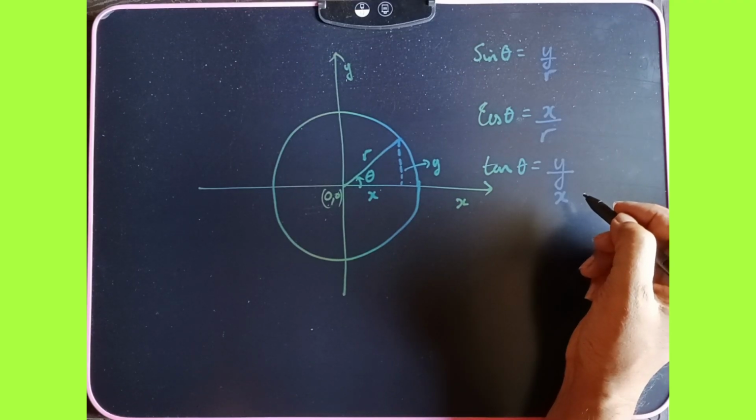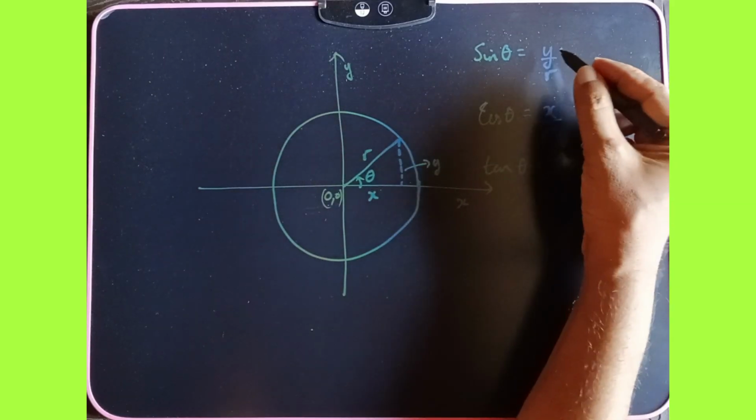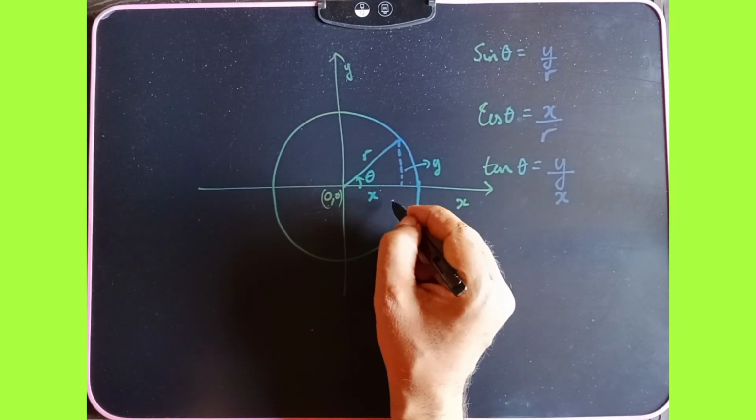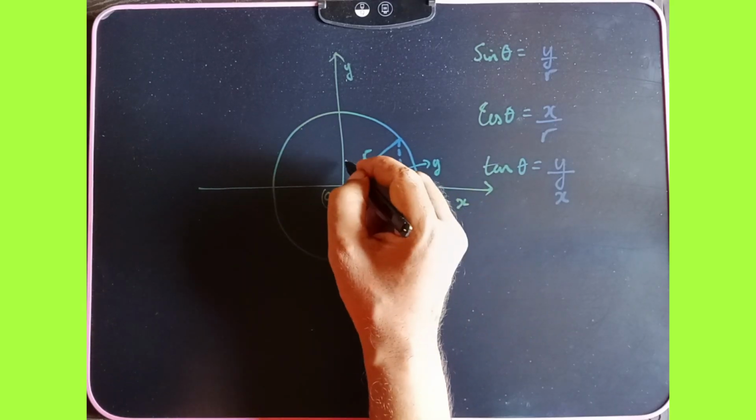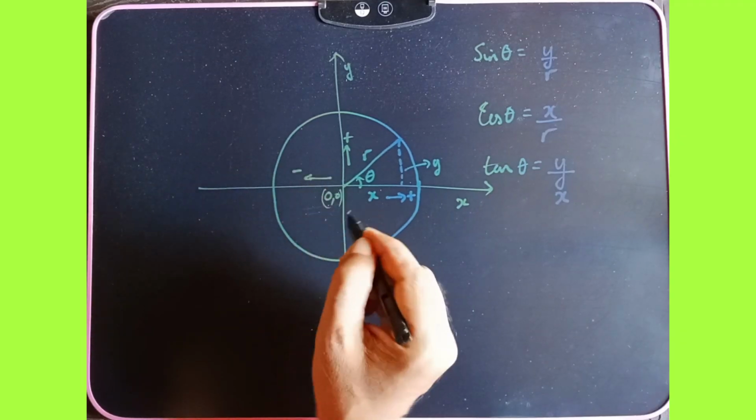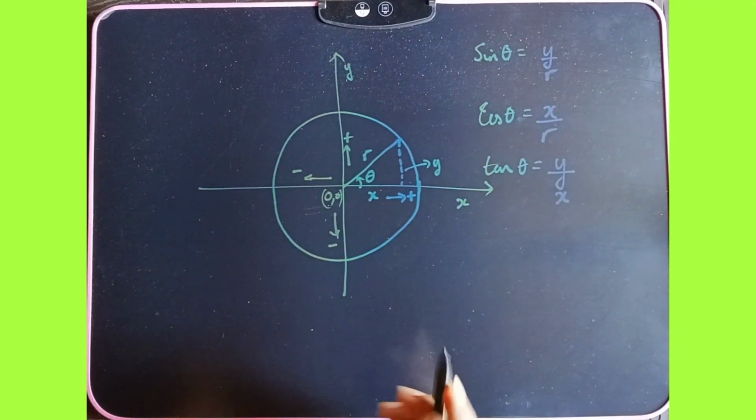This is what we have studied in the previous session. So now here all the values are positive, right? This side of the axis is positive. This side of the axis is also positive. This side is negative. This side is negative, right?